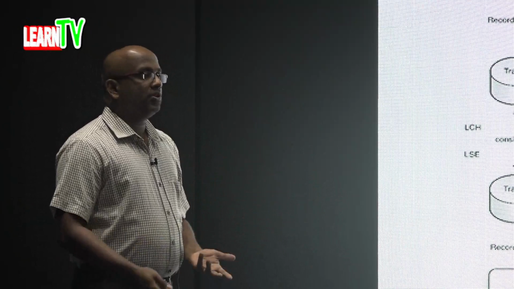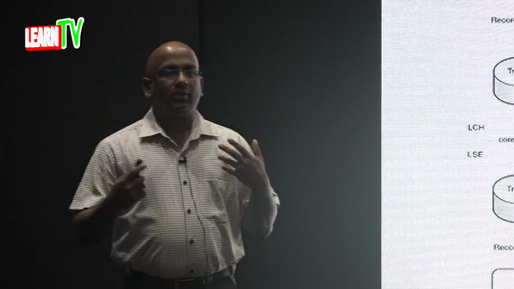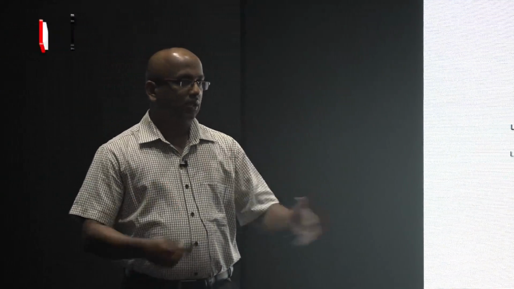So what happens usually is that at the end of the day, the exchange reports trades. Throughout the day, you'll have a real-time channel that reports trades. At the end of the day, you'll put out an end-of-day file that says, okay, these are the trades that happened. And the clearing system would take it, do various validations, and you need to also reconcile it with various other information. Right?